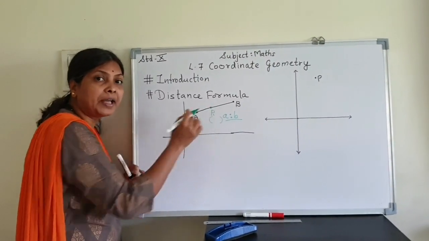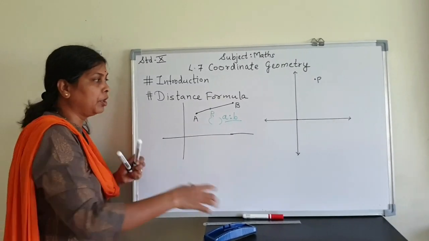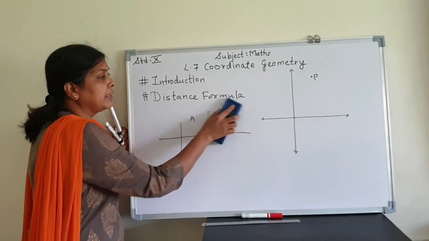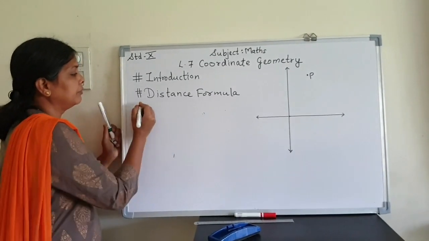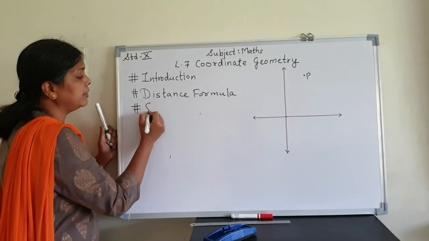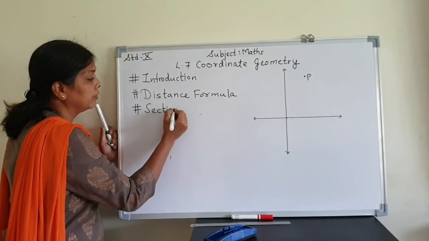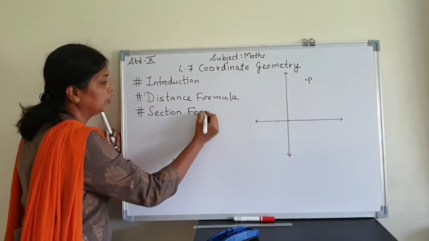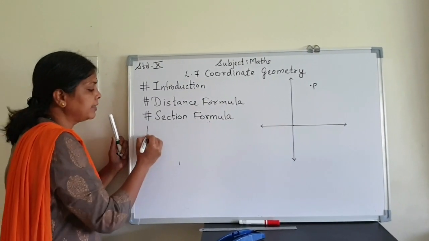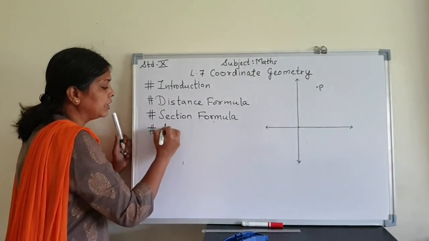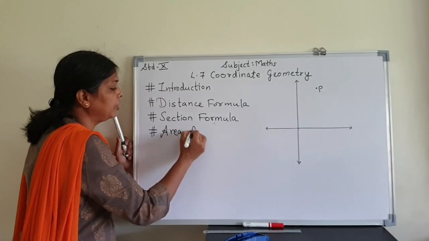You have to find that out, and you are going to learn that in this grade. And for that, you have the section formula in this lesson. And then the next thing you have in this lesson is the area of a triangle.